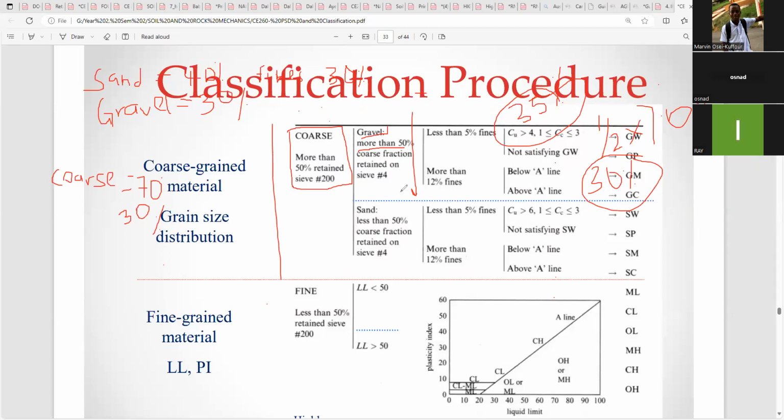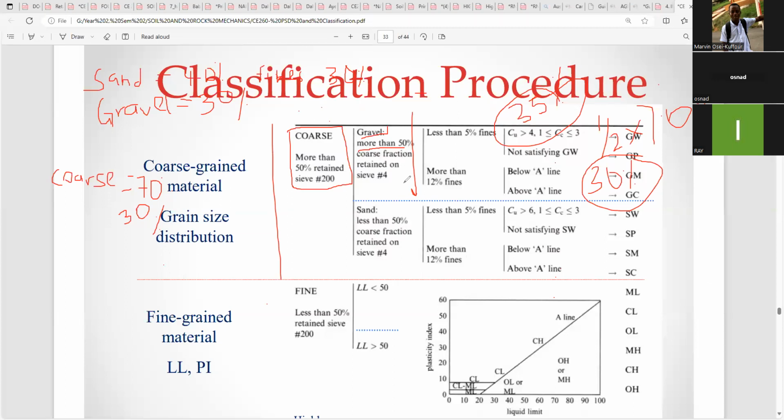But since the coarse half is more than the fraction retained on sieve number 4, we are not going for gravel. We have to come and check for sand. Is that clear?